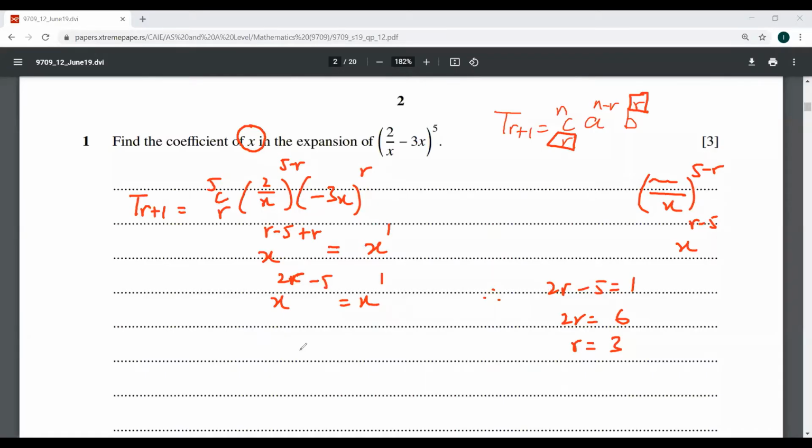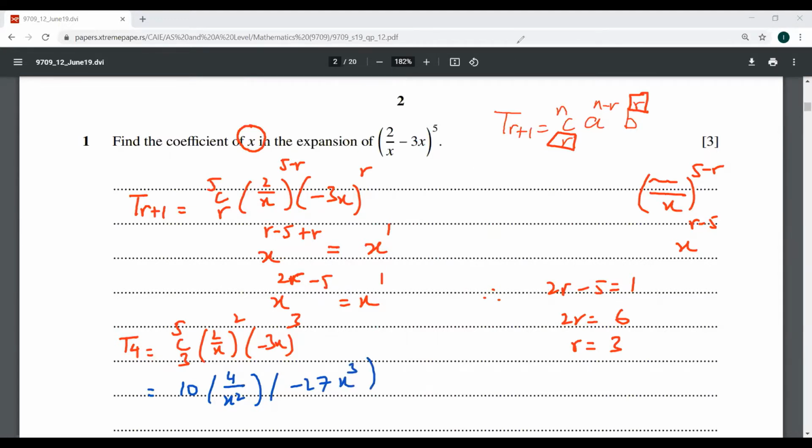So now we have this r equal to 3. So that means we have to find the fourth term. Okay, so this is the fourth term here. So this is 5C3, and then you have 2 over x squared and minus 3x whole cube. And this term is going to be, I think 5C3 is 10, into 4 over x squared, and then you have minus 27x cube.